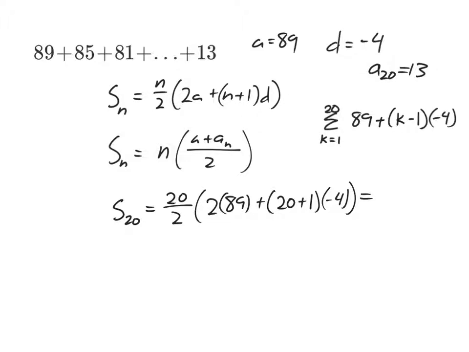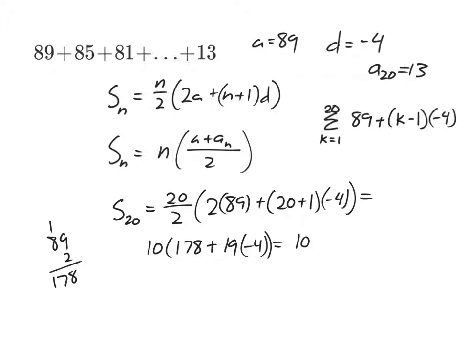So 20 divided by 2 is 10. 89 multiplied by 2 is 178, plus 19 multiplied by negative 4, which is negative 76.